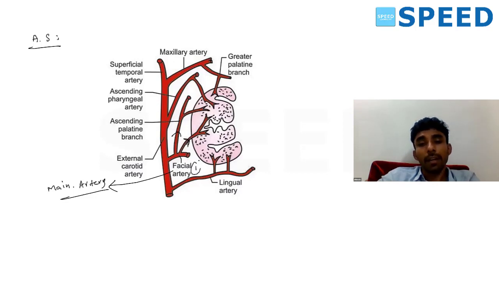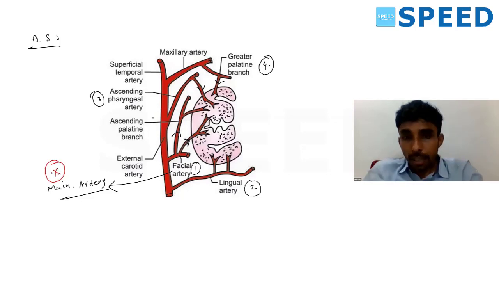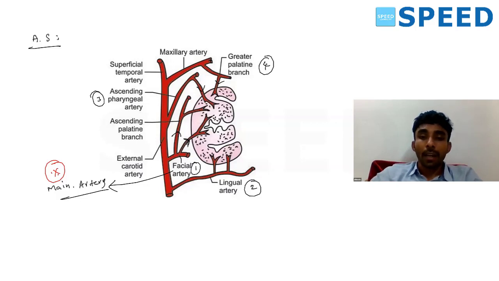Other than the facial artery, we have the lingual artery, ascending pharyngeal artery, and greater palatine artery. These are the four arteries supplying the palatine tonsils, and the facial artery is the main one.